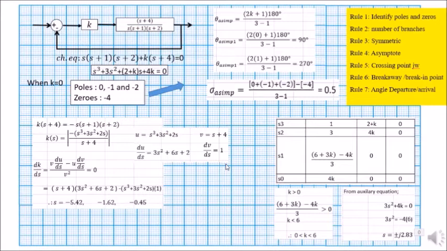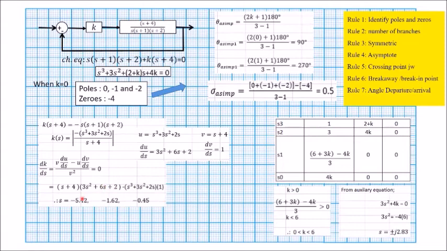In this case we have only three poles, and one pole will go to the zero, because we have one zero here. The other two poles will separate, one going to positive infinity and the other to negative infinity, separating at the breakaway point. So which of these s values represents the breakaway point? Based on the location of poles and zeros, this pole is close to this zero.